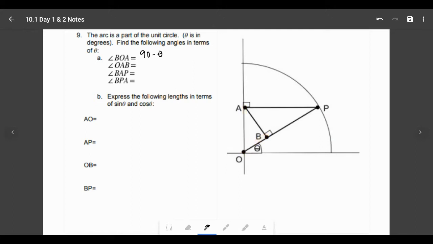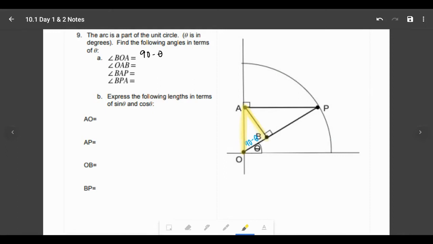Okay, well, so if this guy over here is 90 minus theta, and we notice that these two angles at vertex B are both right angles, then when the next problem is asking for the measure of angle OAB, well, angle OAB and the angle we just found, BOA, should add up to 90 degrees.